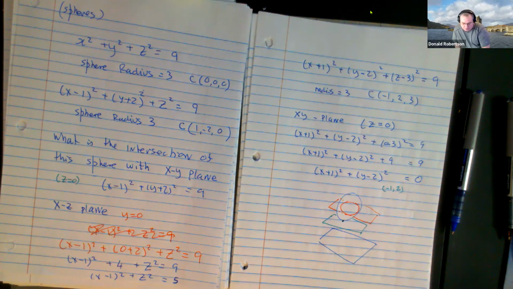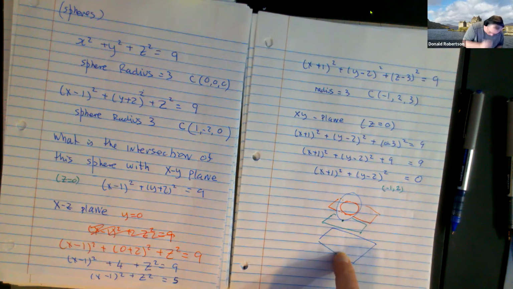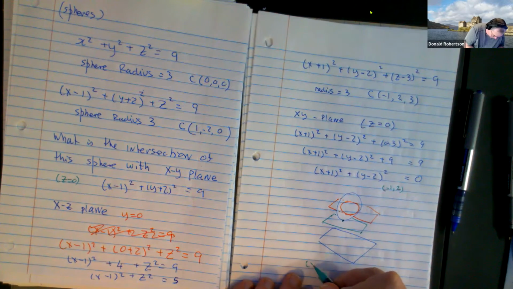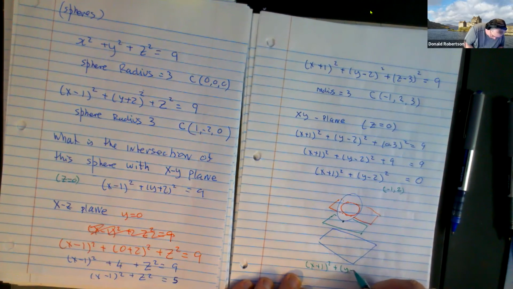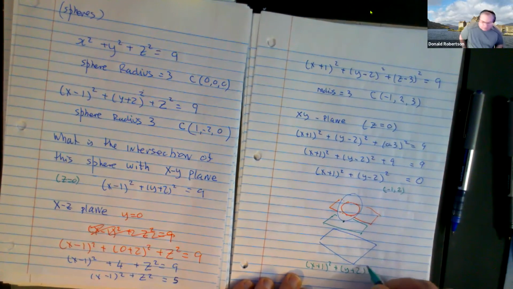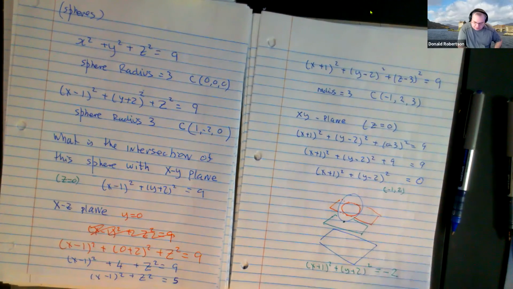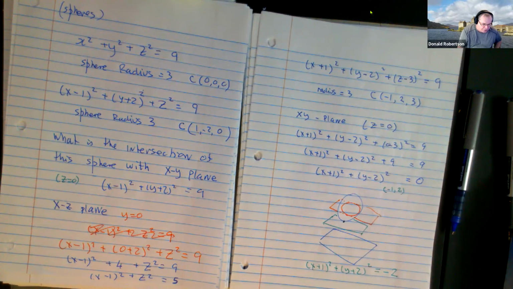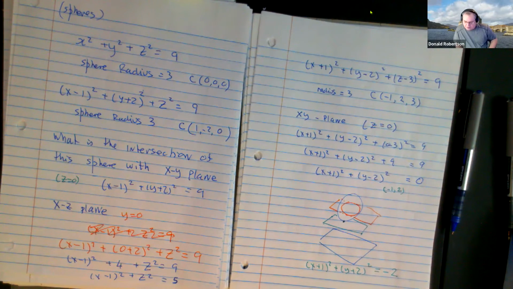Now, what would it look like if it was this situation where the sphere never reached the XY plane? Well, you could end up with an equation, and I'm just making this up, so it'd have to be a different one. That's what you would end up with. Can you imagine a situation where when you did the math and you made the thing 0 and all that good stuff, you got this equation?